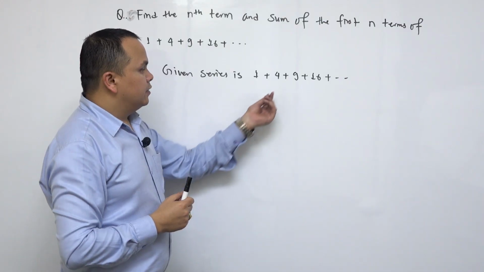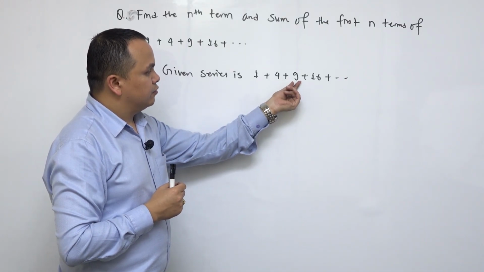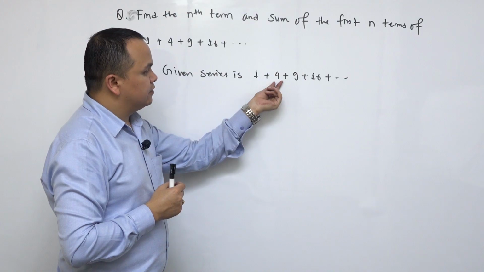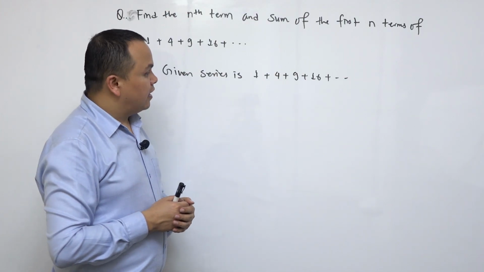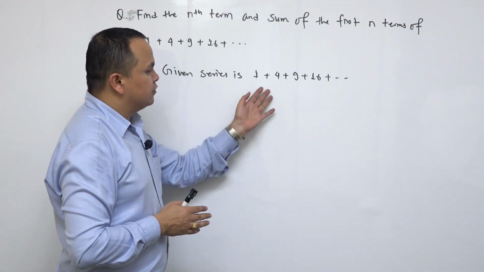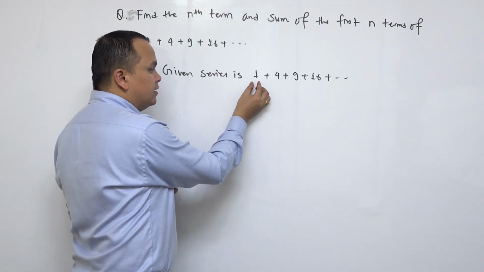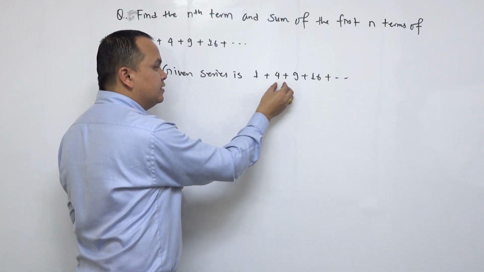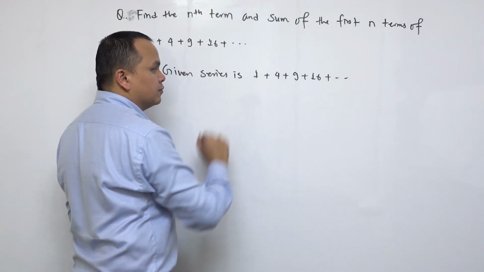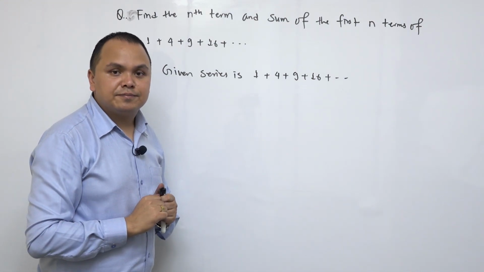Here 4 minus 1 is 3. So 9 minus 4 is 5. Since the differences are different, it is not an AP. Similarly, T2 by T1, that is 4 by 1, is not equal to T3 by T2, 9 by 4. It is neither AP nor GP.